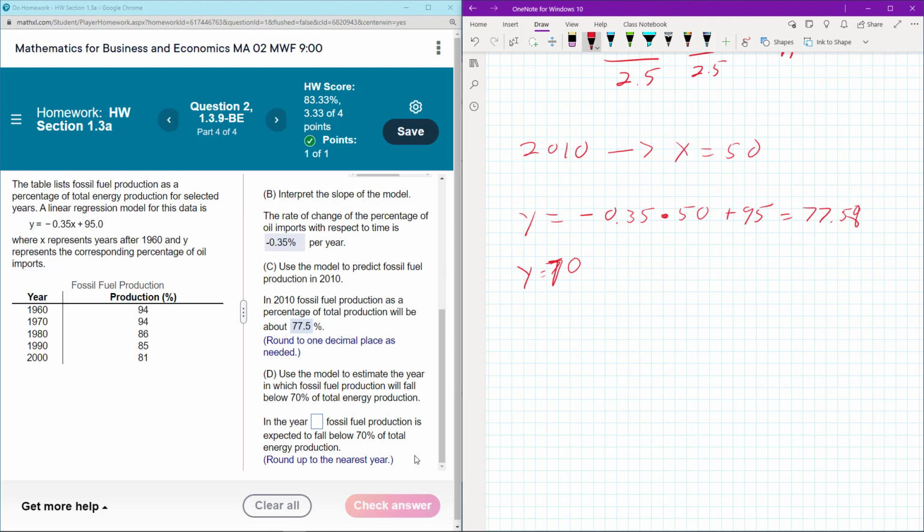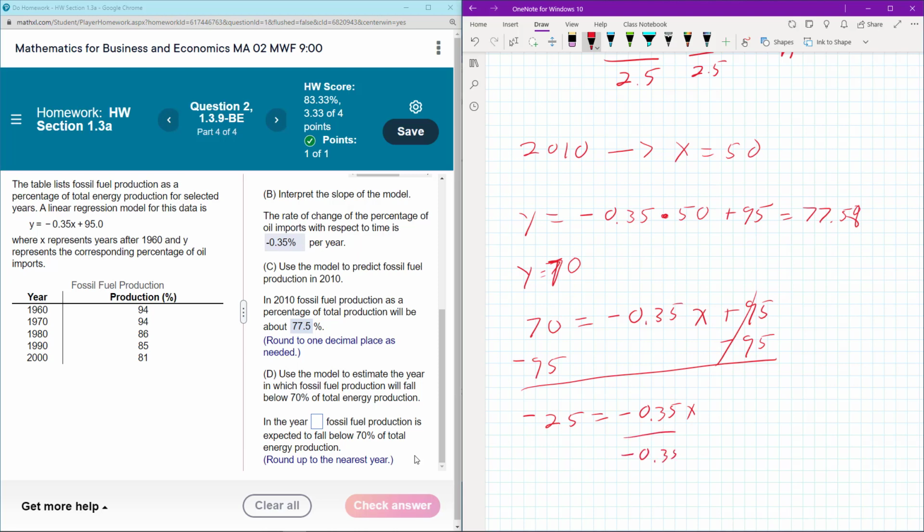And then we want to solve for x, and that will give us that 70 is equal to negative 0.35 times x plus 95. Of course, we will subtract 95 from both sides. When we do, these cancel, and we will have that negative 25 is equal to negative 0.35x. Divide both sides by negative 0.35.